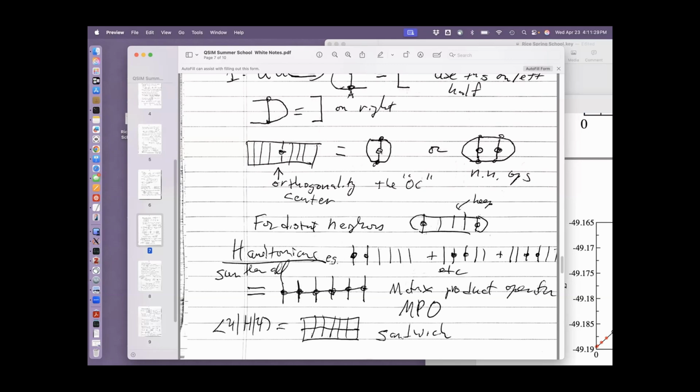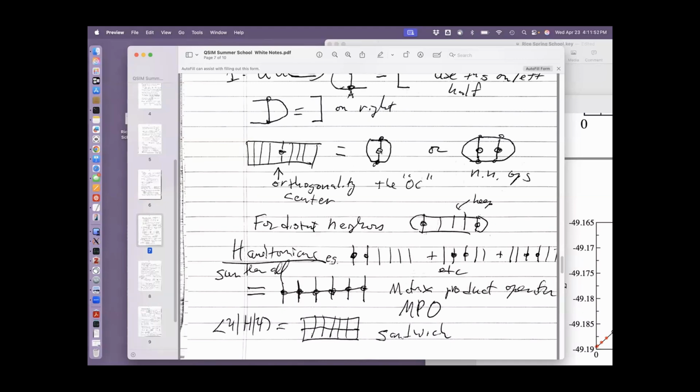You can convert this to what's called a matrix product operator, where it just has this form with some long dimension that may be on the order of, say, 5 or 10 for a typical system. Okay, then you can find the effective Hamiltonian just by contracting the matrix product states around it.